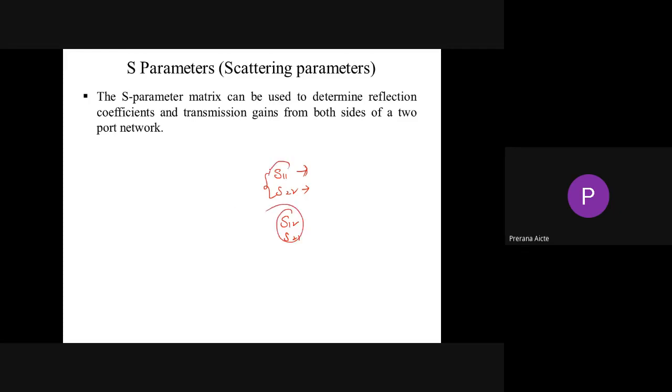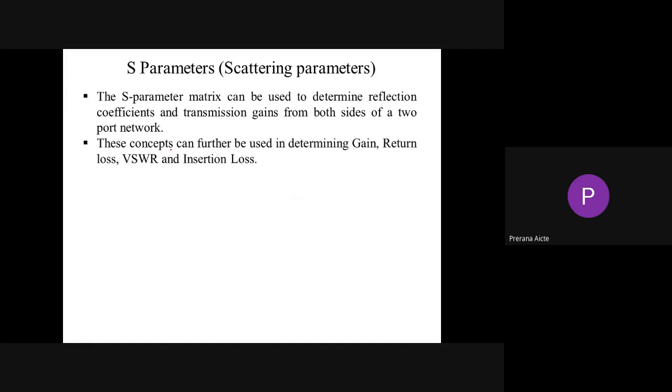So the reflection coefficients and voltage gains of a transmission line can be found using S parameters. These concepts can further be used in determining gain, return loss, VSWR, and insertion loss.